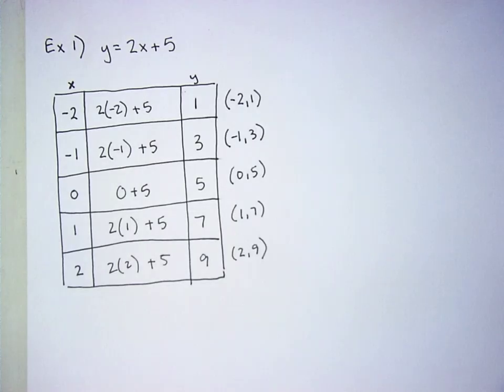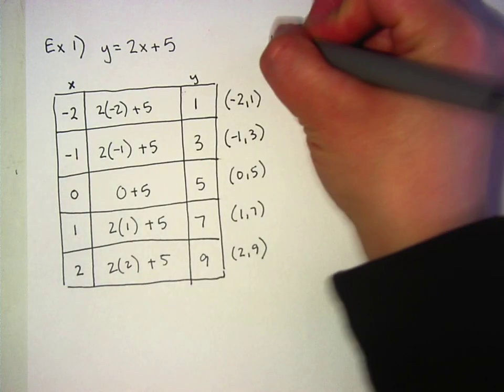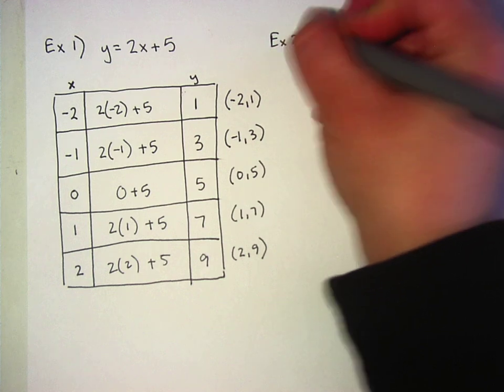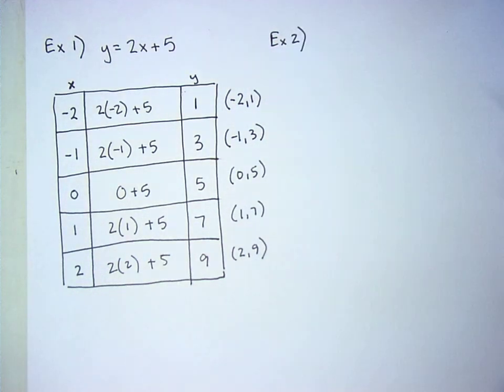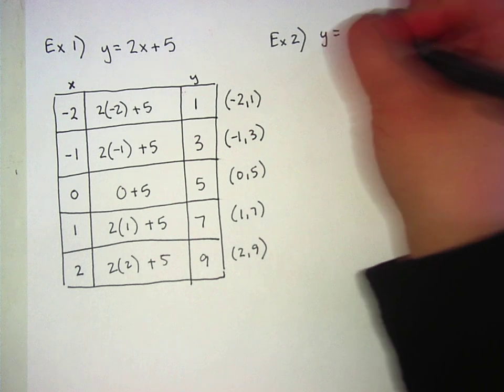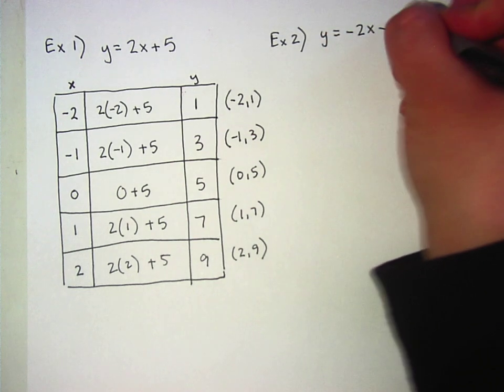All right, this time you're gonna prove it with your partner. Example 2. This one is y equals -2x minus 3.